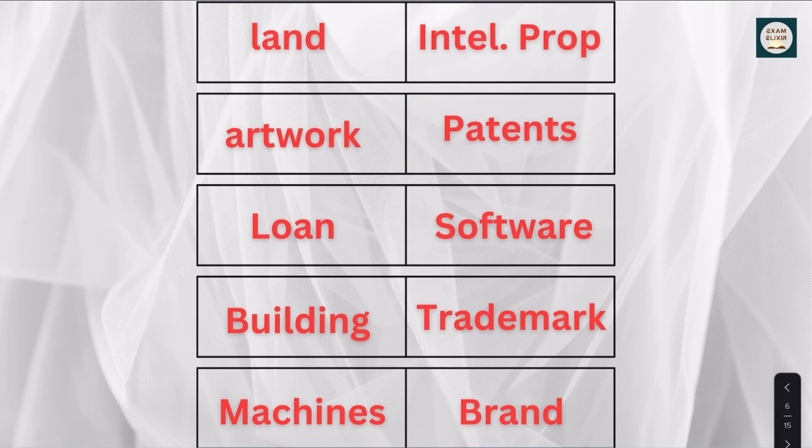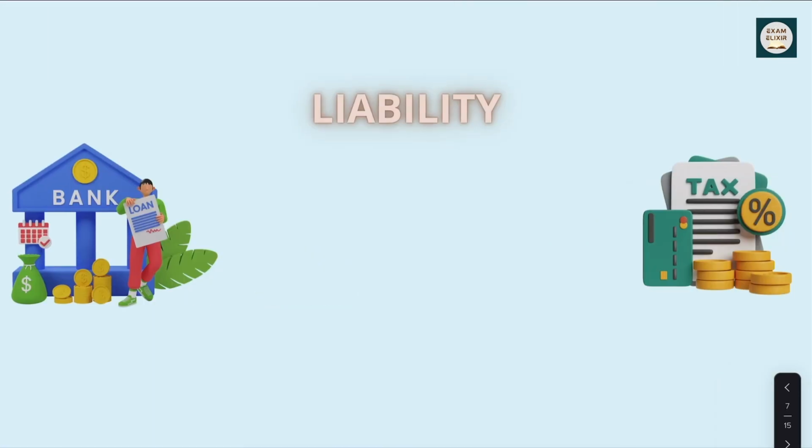If you have understood what are assets, now next important thing that we are going to discuss is what are liabilities. It is very easy to understand liability if you have understood what are assets. One important thing that I would tell you is that to understand whether something is a liability or not, it depends on the perspective. Now, what do I mean? Perspective means same thing can be an asset to someone and liability to someone else.